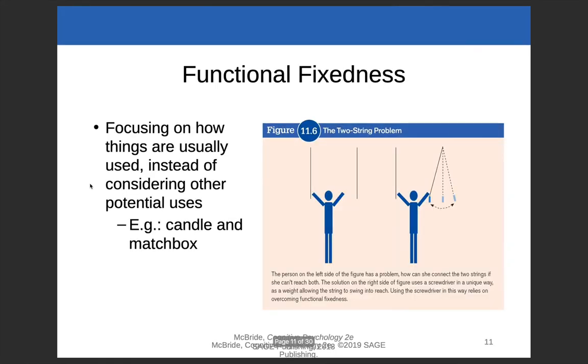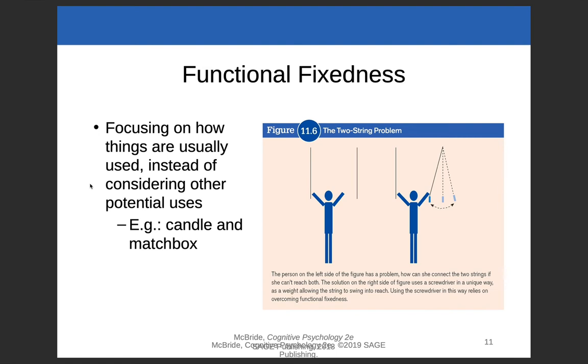The other example is the candle and matchbox. So imagine if you have a wax candle and a box of thumbtacks, and your job is to attach that candle to a wall.